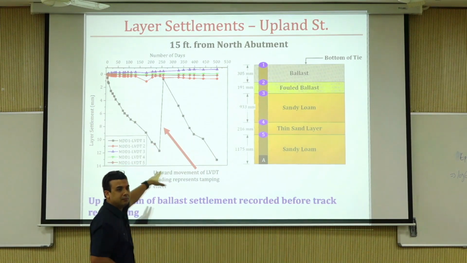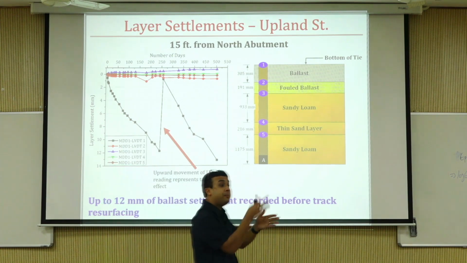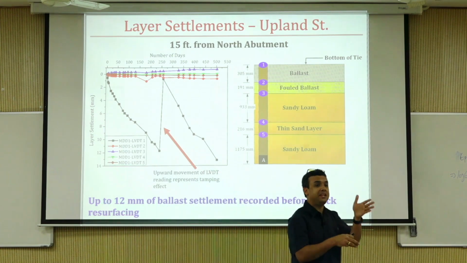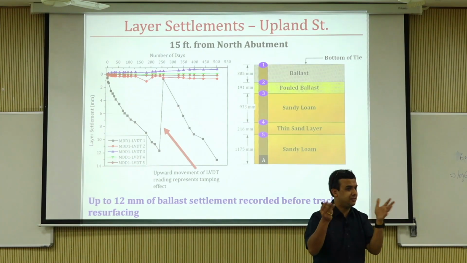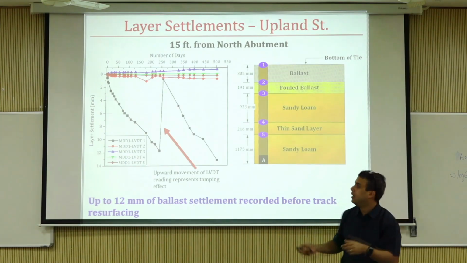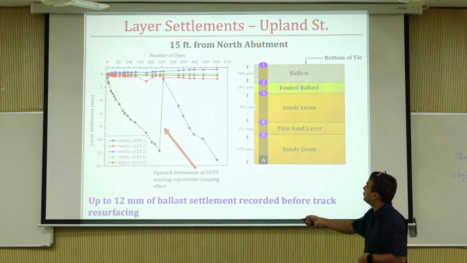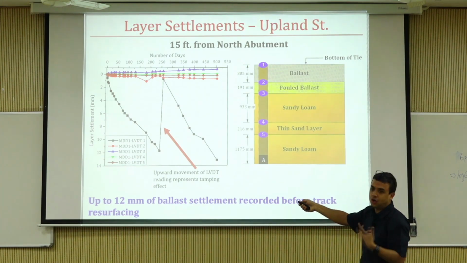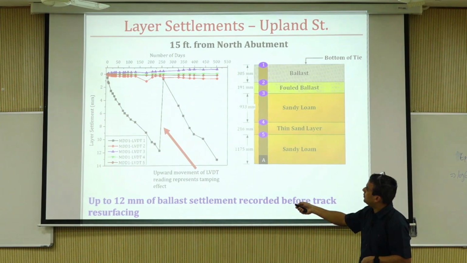With time, this is a track transition. This is a bridge approach. Remember I said how bridge approaches don't compact very well because there are many challenges. Look at the permanent deformation. This is LVDT1, which is the ballast, the top layer. Look what happens. What is going on here?